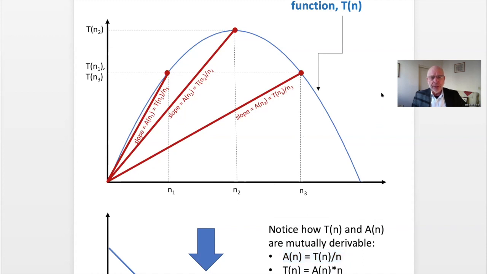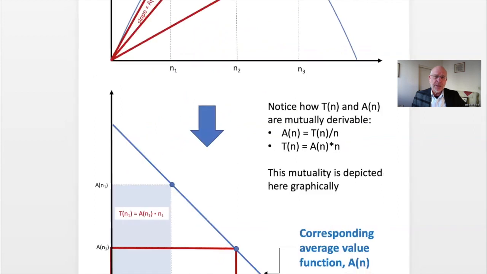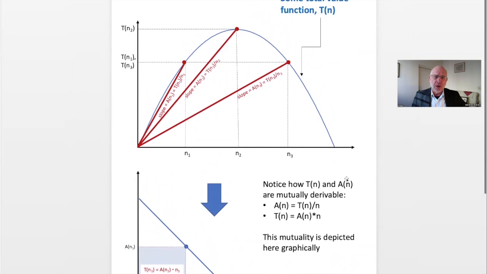Now, for the particular diagram that we have here, we can see that the average is falling, because here's the chord corresponding to N1. It has a fairly steep slope.